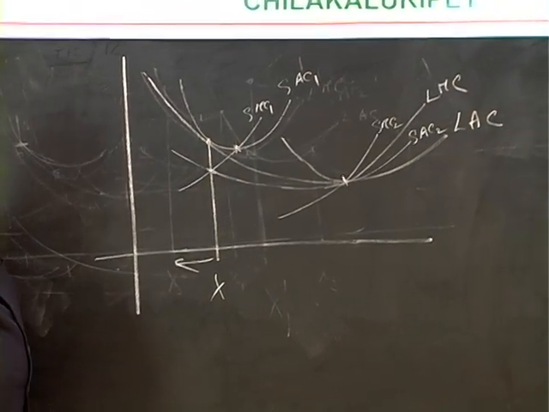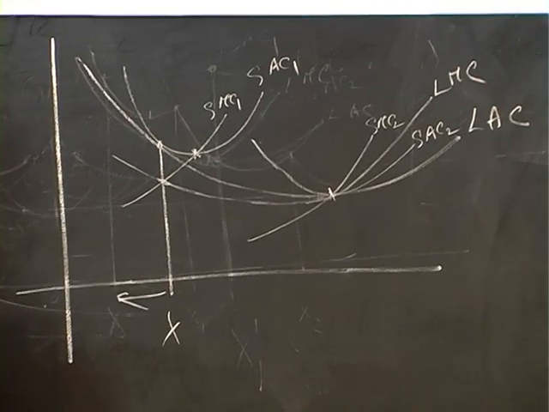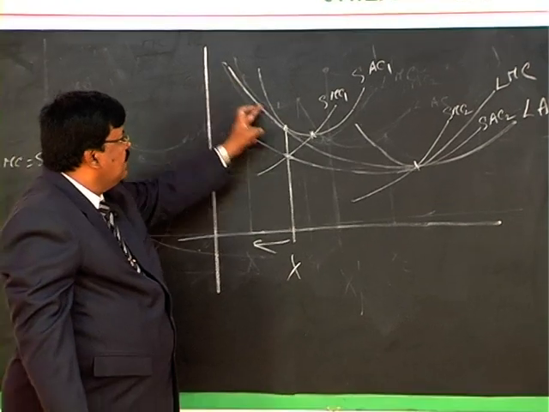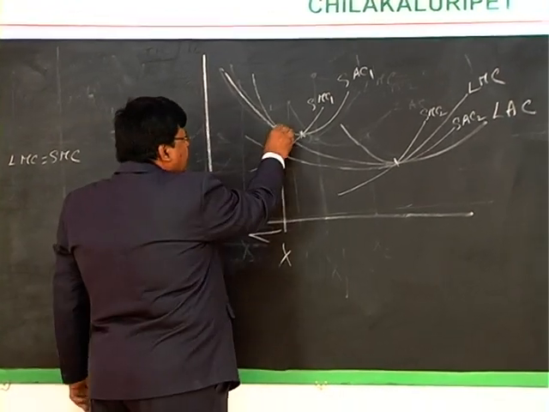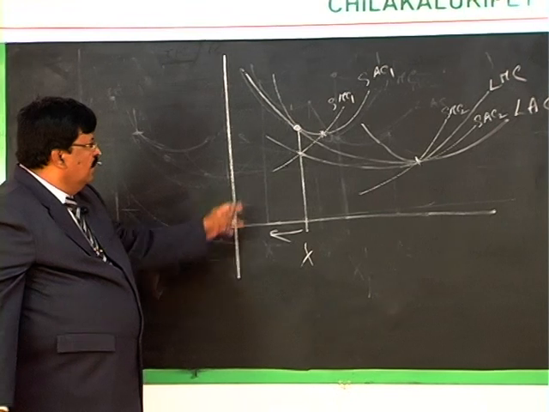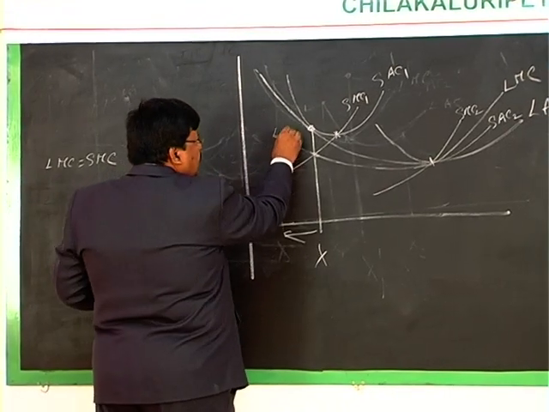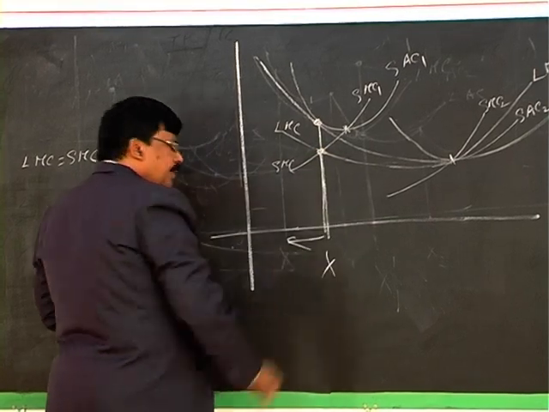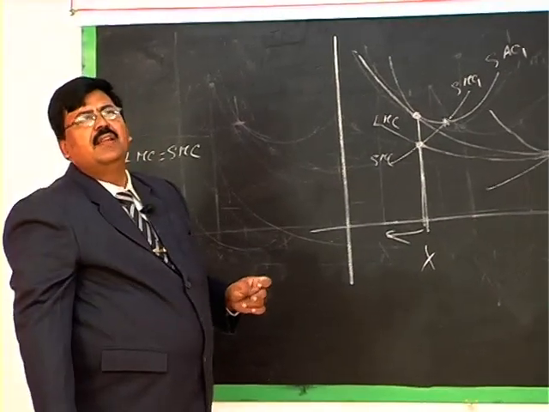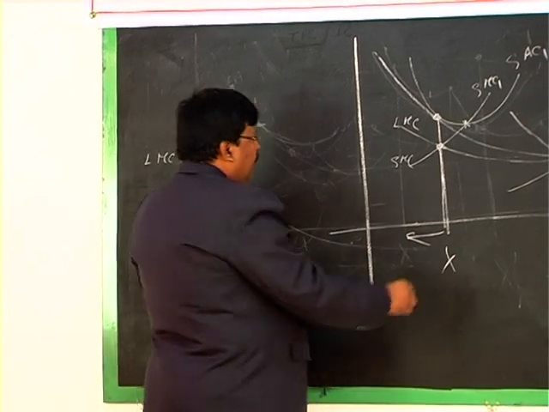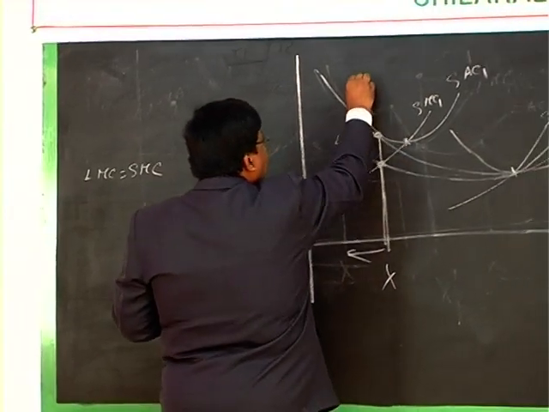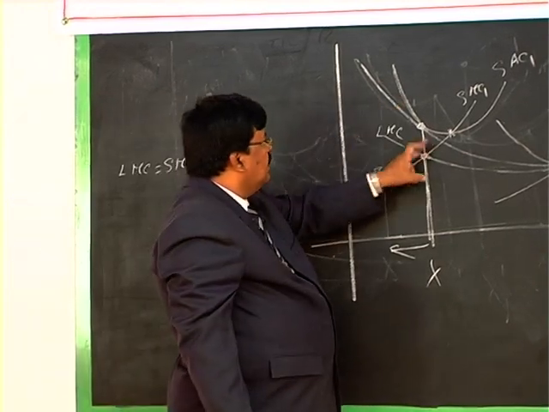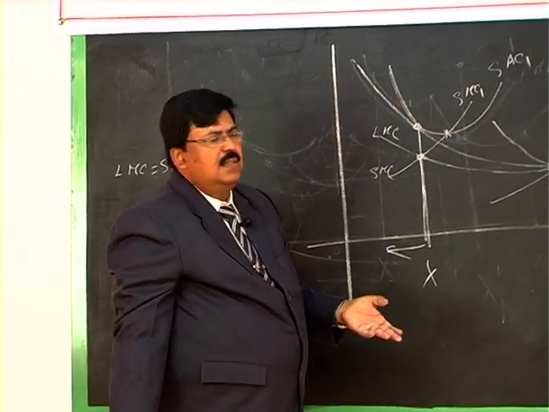Let us explain why it is so. We say that at OX1, SAC1 is tangential to LAC, and this point of tangency implies that both long-run marginal cost and short-run marginal cost are equal here. Why? Let us see. At this point, what is the short-run average total cost? The average cost into number of units gives you total cost.